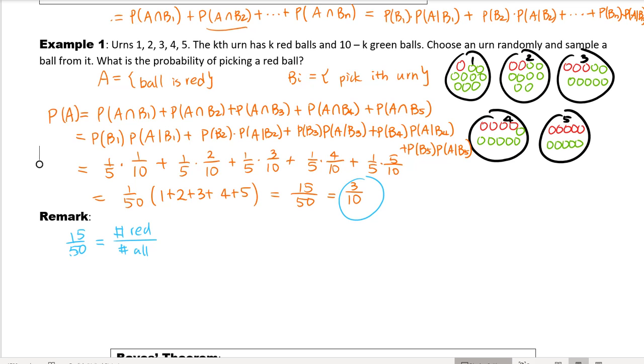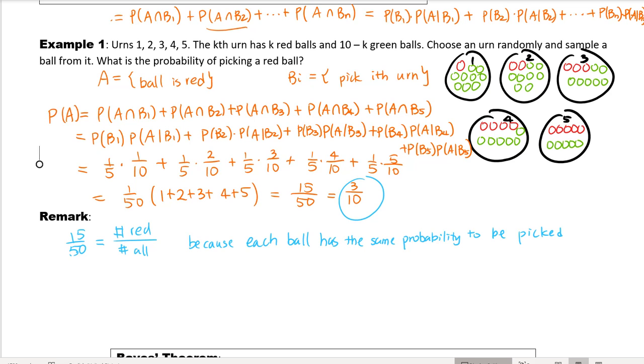Okay, but you cannot use this in general to calculate. It matches in this case because each ball has the same probability to be picked.